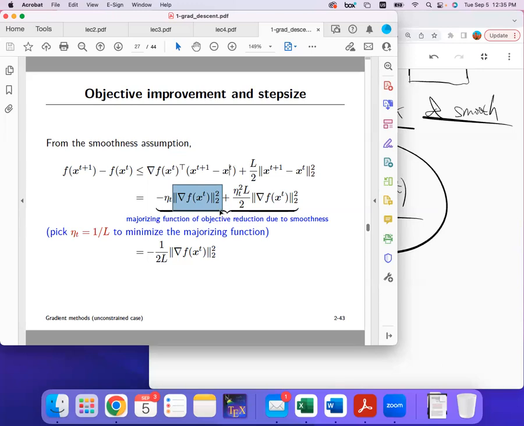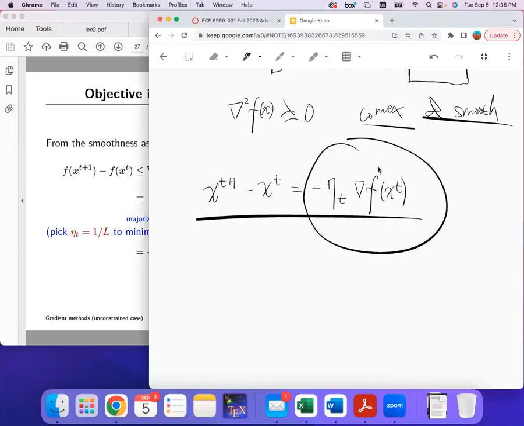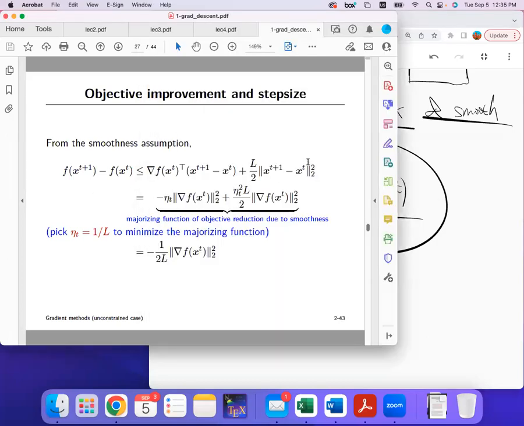And the last term is just this term to the power of 2, taking the L2 norm to the power of 2. And eta_t is a scalar, so we can pull it out. That becomes eta_t squared. Okay. Plug in the update rule of gradient descent.